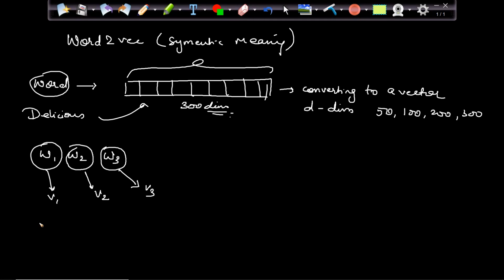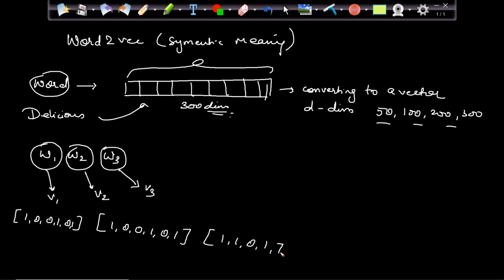Sorry, three words, three vectors. Vector can be of any dimension, 50, 100, 200, 300, whatever, right? Let's say I have some random values for this vector, some random values for this vector, and some random values for this vector, right? All will be of same dimension: 1, 2, 3, 4, 5, 6, 1, 2, 3, 4, 5, 6, 1, 2, 3, 4, 5, and 6. I'm as of now taking 6 dimensions.